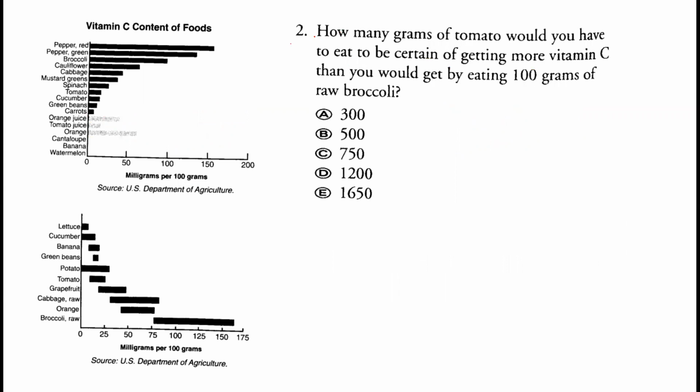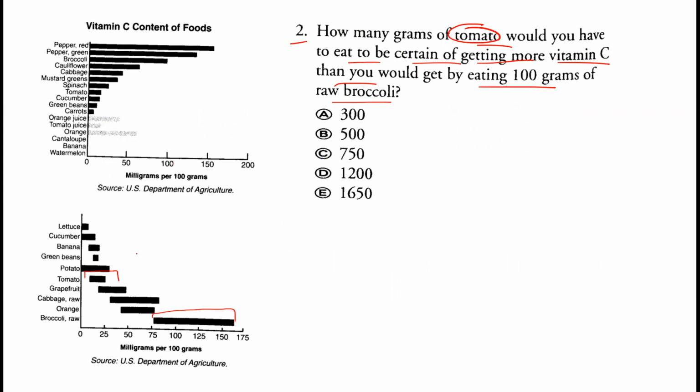Now, second question, how many grams of tomato would you have to eat to be certain of getting more vitamin C than you would get by eating 100 grams of raw broccoli? Now, over here, this is potato or tomato. So we are concerned with tomato, and this is raw broccoli.